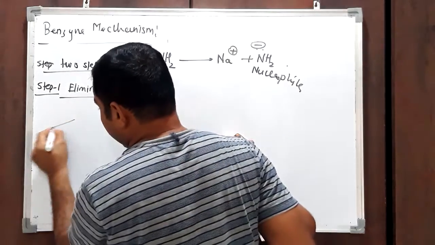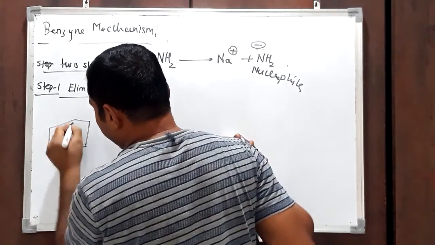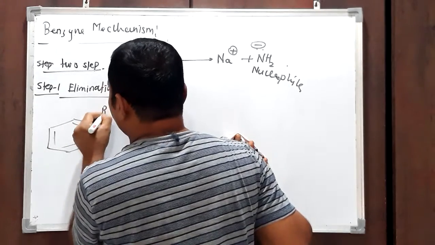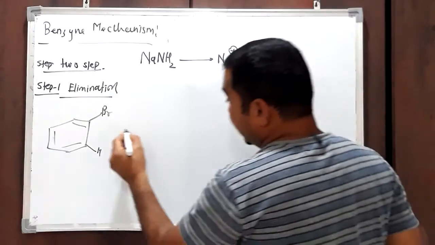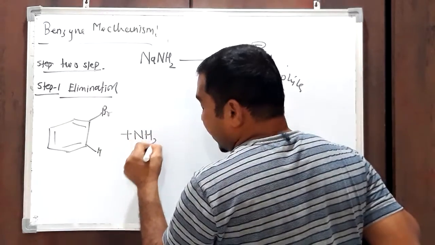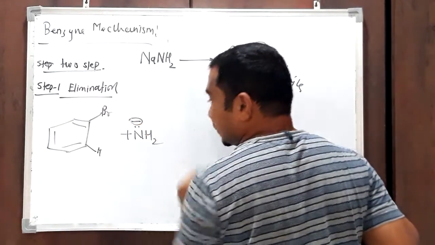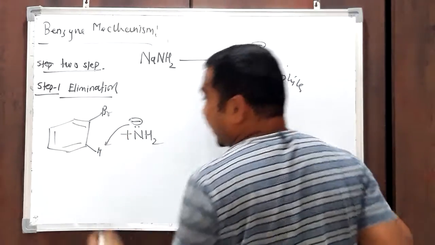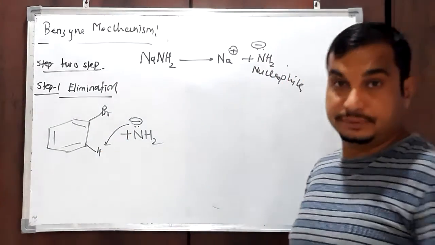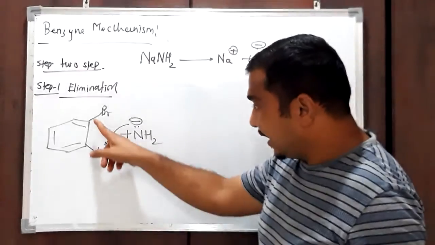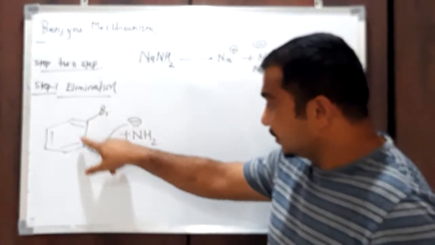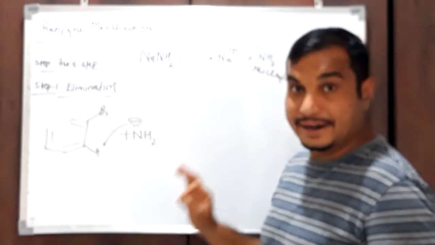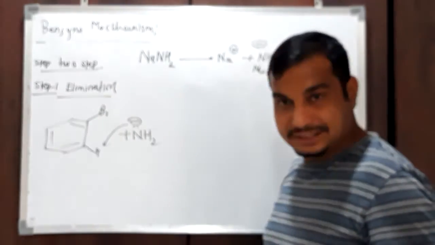What happened during this reaction? See, consider this substrate, bromobenzene, and the hydrogen atom. Now this NH2 minus will abstract a hydrogen atom from the adjacent carbon atom. This is the carbon atom to which bromine is attached, and these are the two adjacent carbon atoms where hydrogen atoms are present.